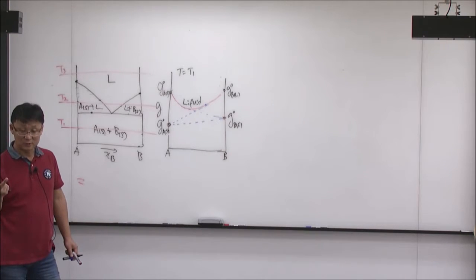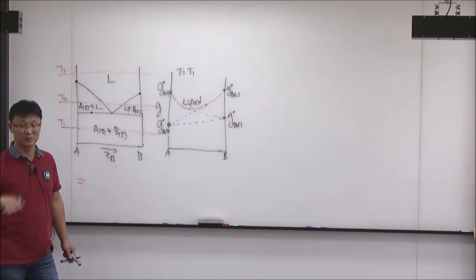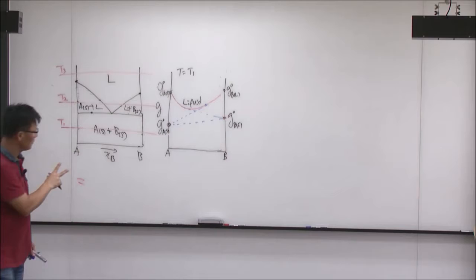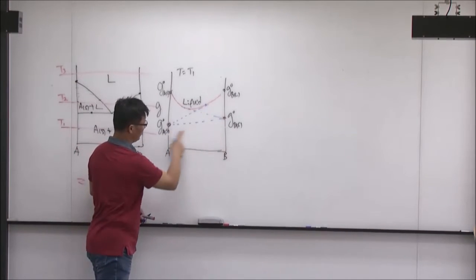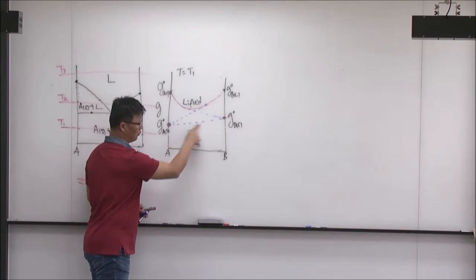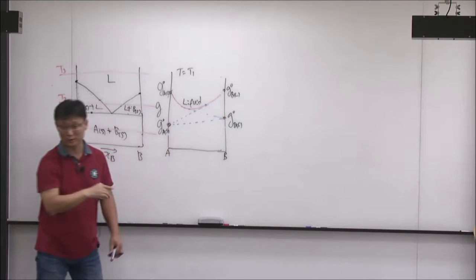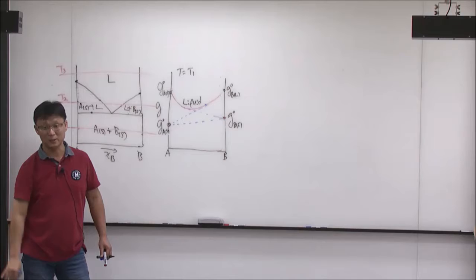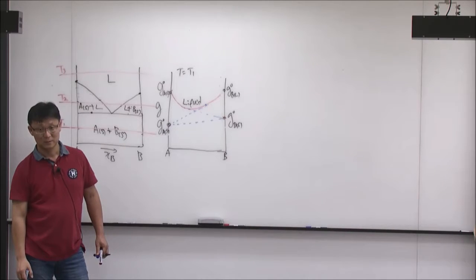Now we have three phases, so you can have at least three possible combinations of common tangent lines. Among them, at any composition here, this bottom one, A solid to B solid, is the lowest common tangent line. So this is the most stable common tangent line.